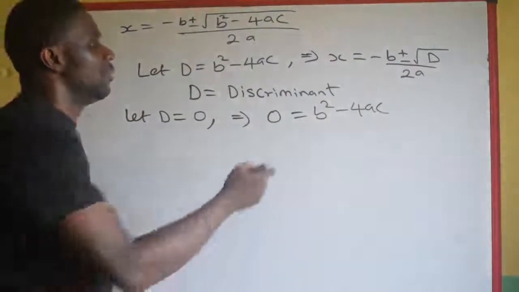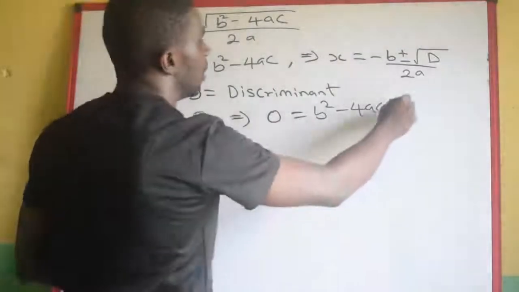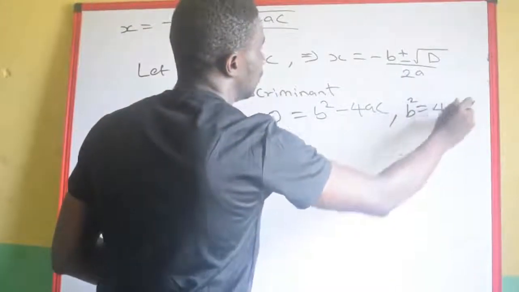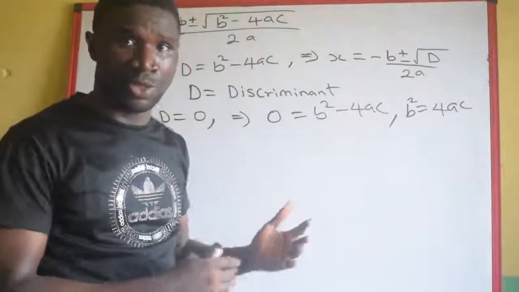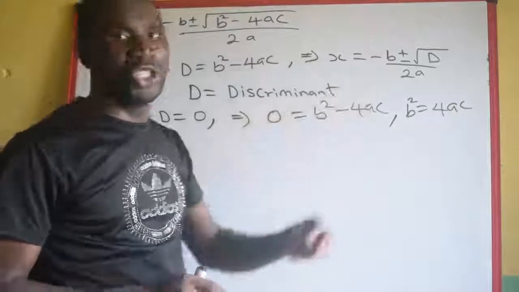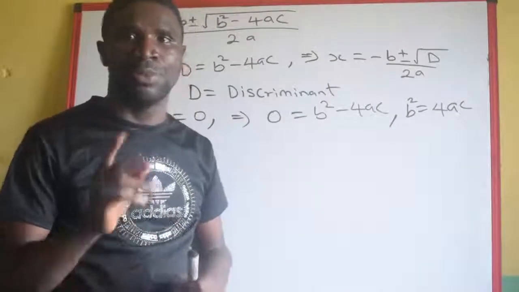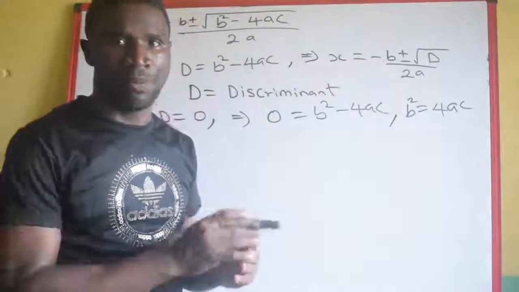Now, if we rearrange this equation, we are going to get b squared equal to 4ac. If you want to achieve a perfect square in a quadratic equation, your interest is to first of all make d equal to 0. So if d is equal to 0, it means that the quadratic equation you are dealing with must be a perfect square.